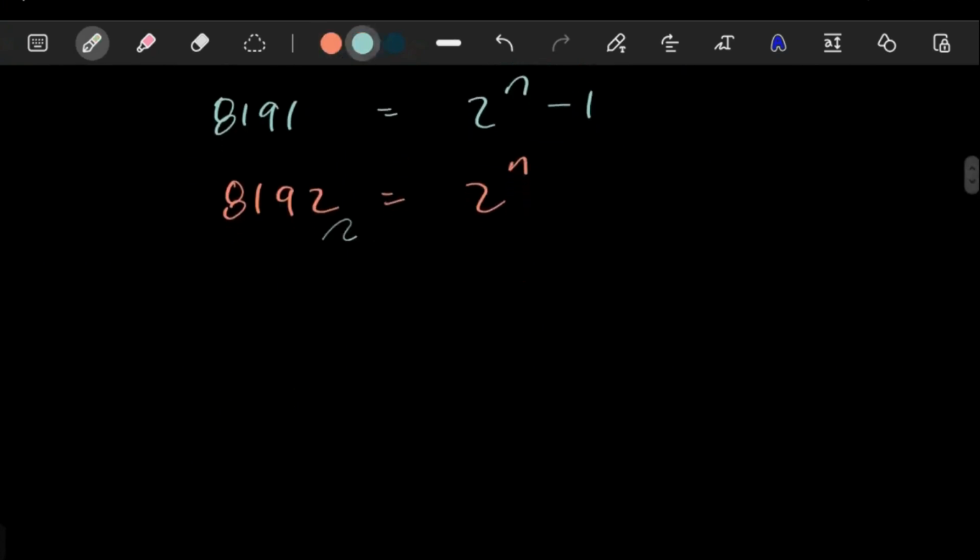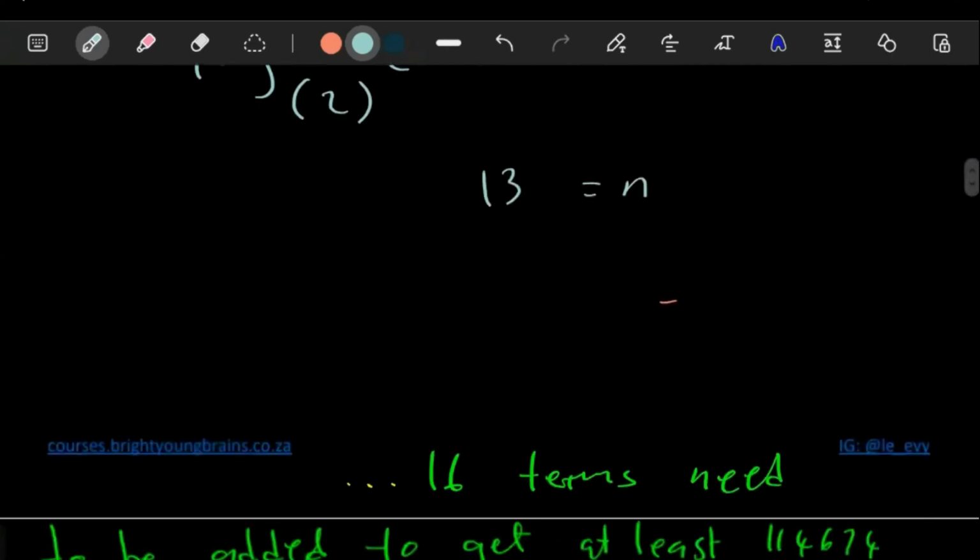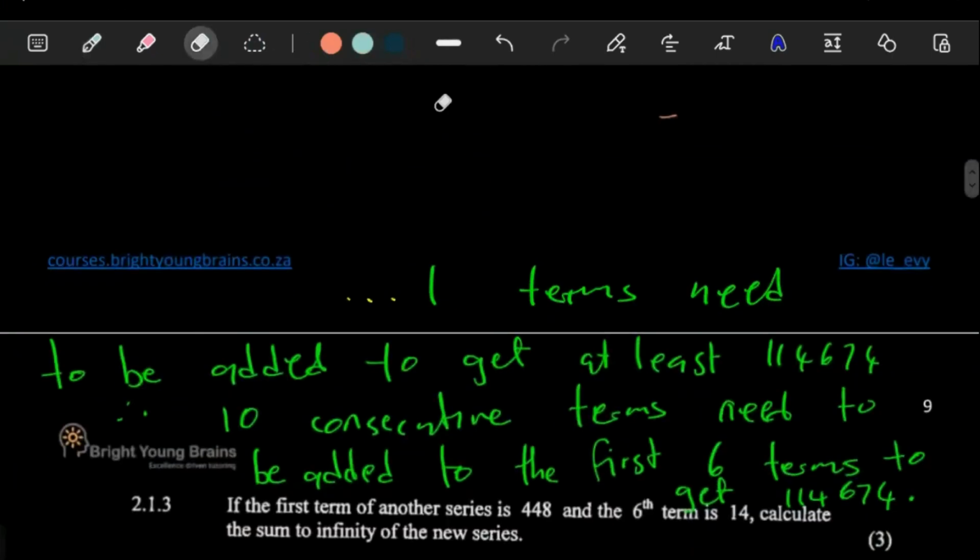Now this, you want to do your log thing. Log, the base is 2, the value here is 8192, n is n. Wow, I don't know what silly mistake I made in the previous question, but 13 is the answer. So n is equal to 13. So here you can say 13 terms need to be added to get at least this value.